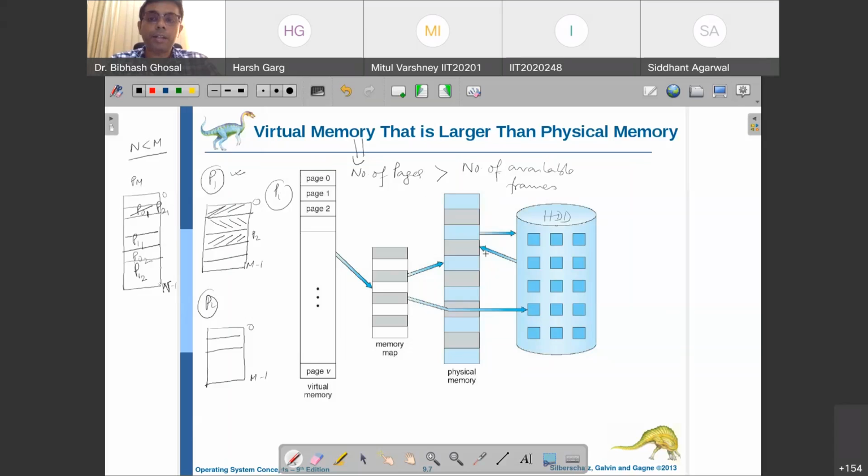Until they are required, they will not be brought. Only the pages that currently are required are brought in. This is why the name demand paging. When you demand a page, you bring it. When its task is over, you send it back, so that you do not unnecessarily occupy space when it is not needed. This is the concept of demand paging.